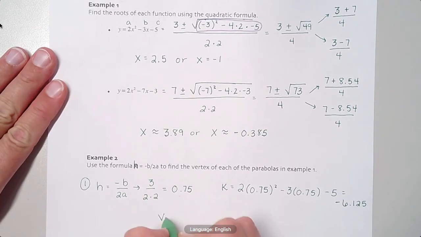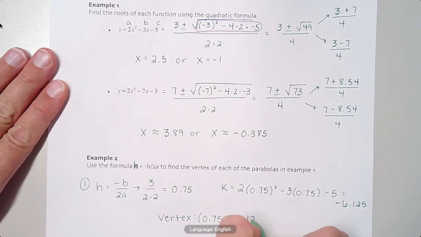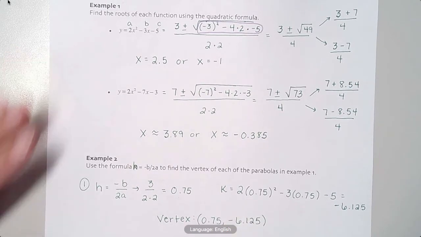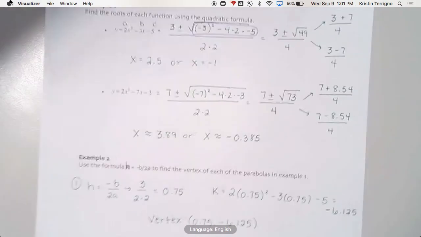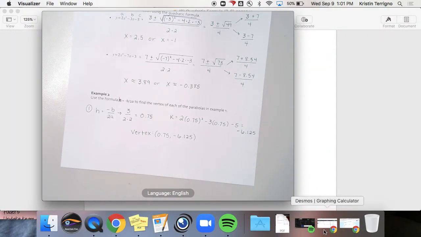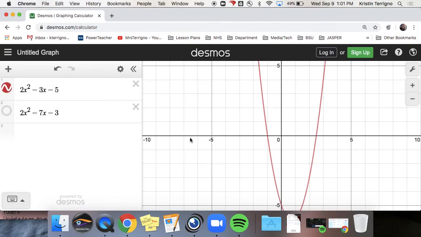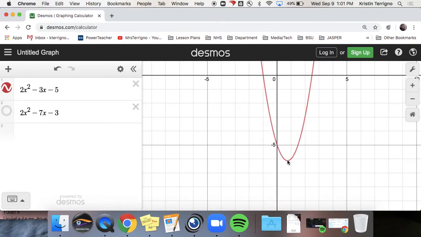So my vertex here would be 0.75 and negative 6.125. Let's take a look at that graph we did just a second ago and see if that lines up with what we found. So that was this first graph. I'm going to move it so I can see the vertex. And down here at the bottom, we have 0.75 and negative 6.125. So right there, you should have your answer.